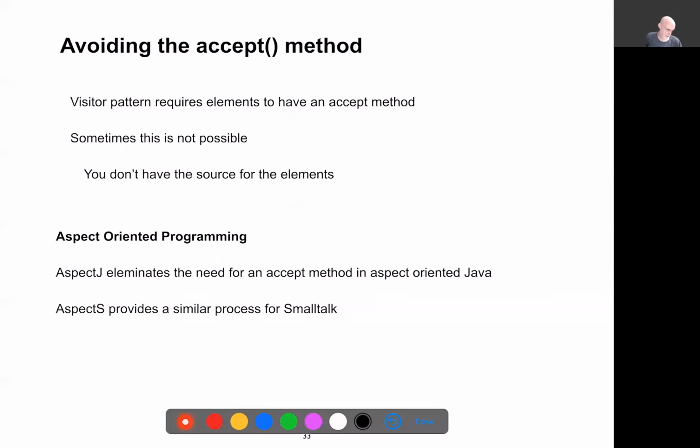Again, each language has various features. The visitor pattern requires that the structure we're going to visit has these accept methods built in, right? And if you don't have those accept methods, then we can't use a visitor pattern.